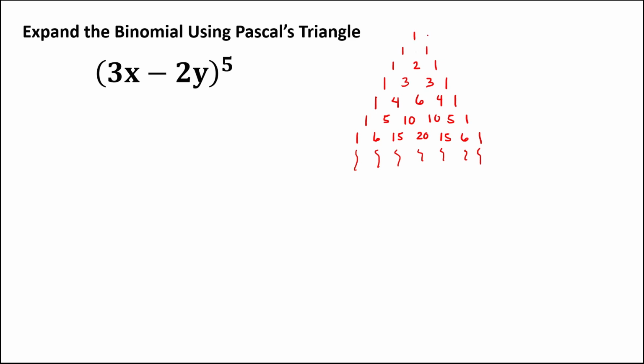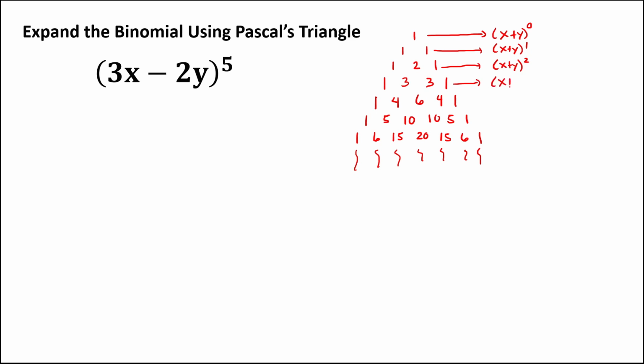Then for the binomial, this is equal to x plus y to the power 0, because everything with exponent 0 is always equal to 1. Then this is x plus y to the power 1. So this is x plus y to the power 2.